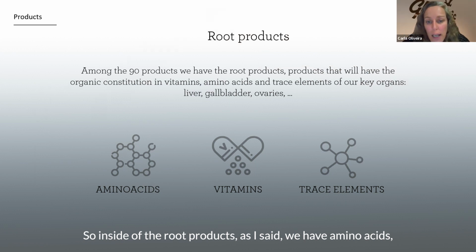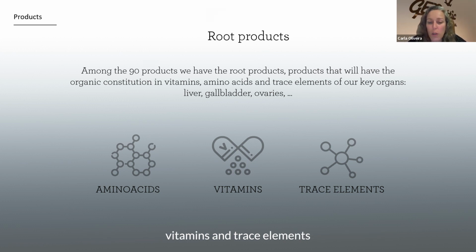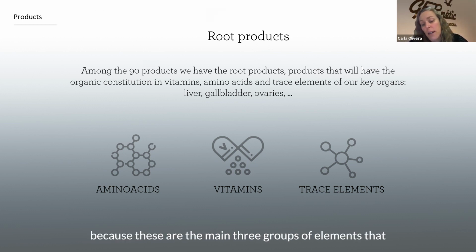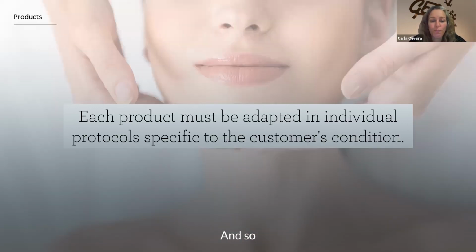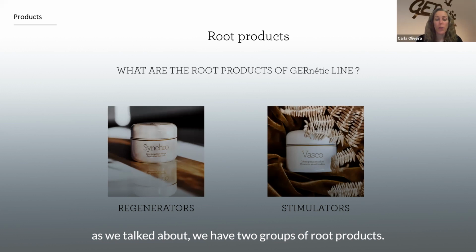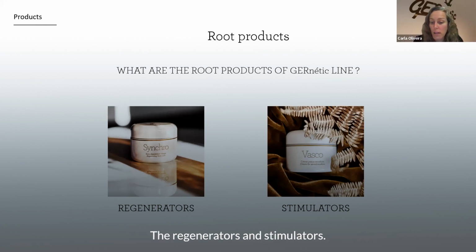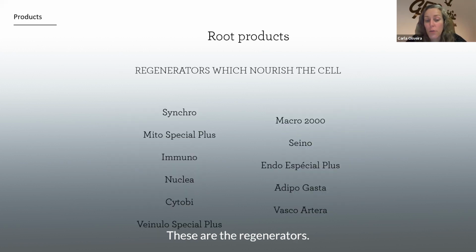So inside of the root products, as I said, we have amino acids, vitamins, and trace elements, because these are the main 3 groups of elements that our body needs in order to keep itself working in a proper way. And so, as we talked about, we have 2 groups of root products, the regenerators and the stimulators. These are the regenerators.